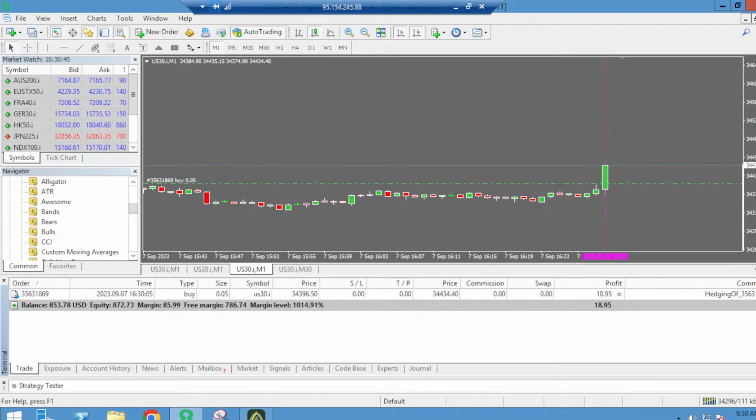All right, so it's pushing heavily to the upside. Let's see if it continues like this. Getting a little pullback here, expecting price to continue moving up.